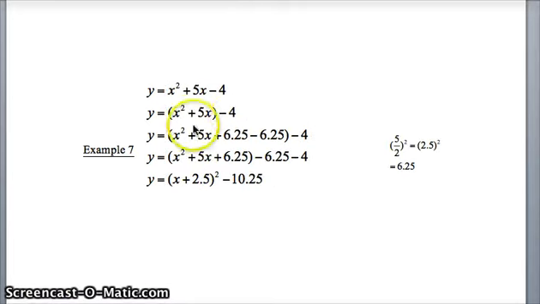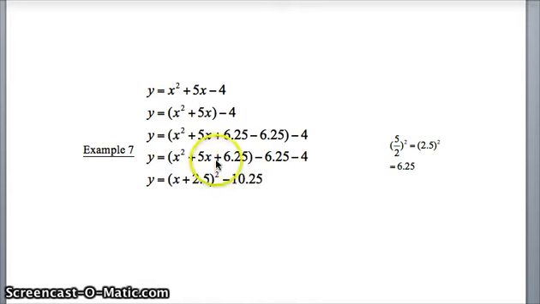All right, so remember we're looking at the first two terms. So we're taking 5, dividing it in half, so we get 2.5 squared. So we're going to add and subtract 6.25. We take the subtraction outside. So we're saying -6.25 plus a -4 gives us -10.25.